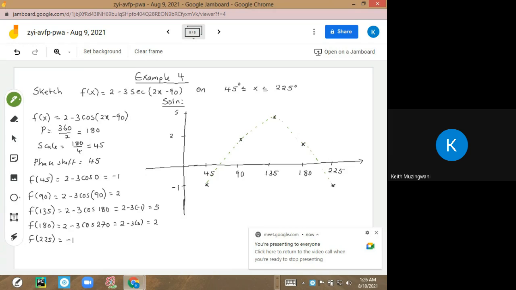And then wherever cos was 0, at 90 and anywhere else where there is 2, we'll have the vertical asymptotes.